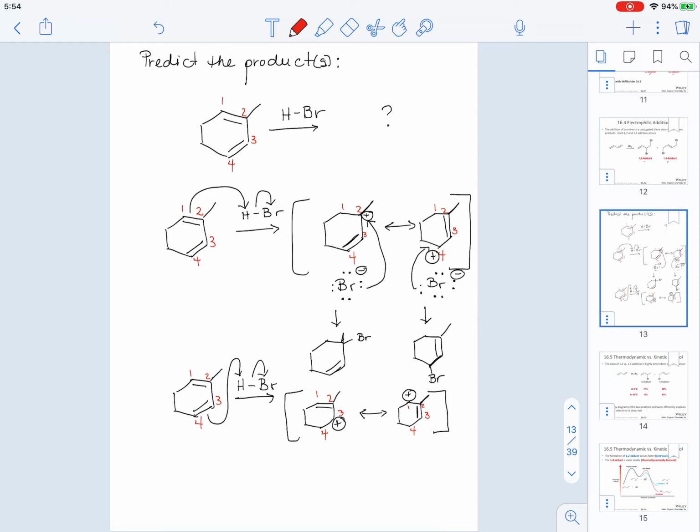And once that occurs, understand that specifically we're going to form the following compounds after the bromination step. So we're going to attack the carbocation on 3. We're going to attack the carbocation on 1. So we're going to produce the following molecules.